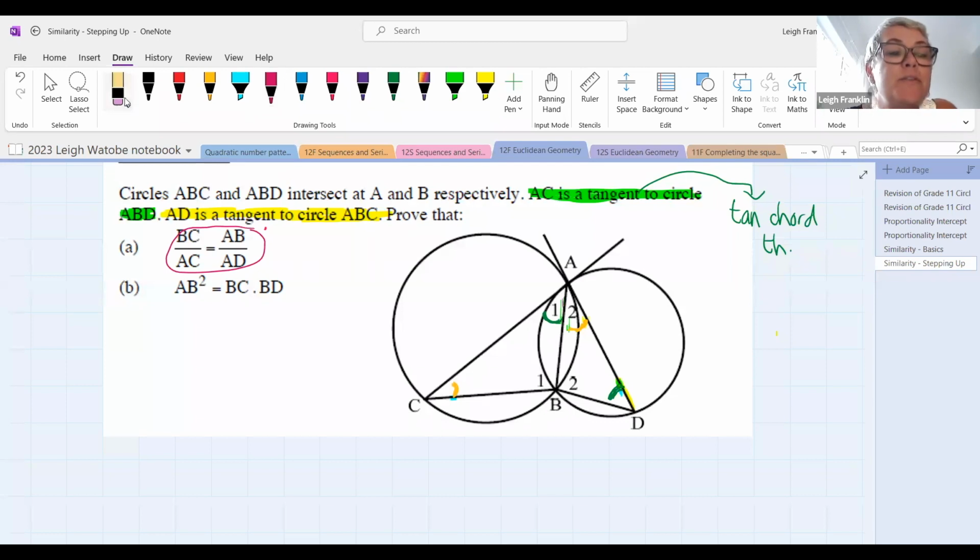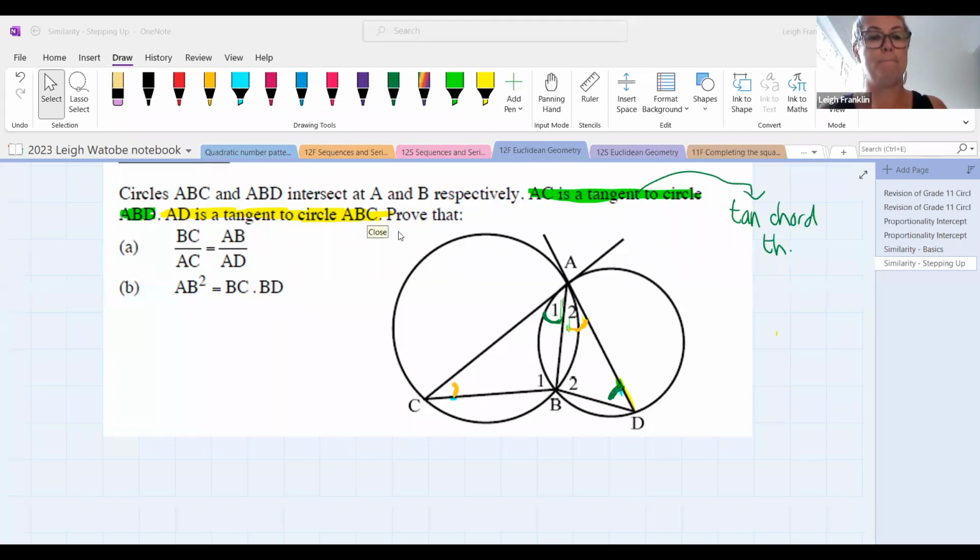What didn't they ask us to do first? Normally, when they ask us to prove proportions, we've done something else first. What is it that we haven't done here? Can anybody tell me? What haven't they asked us to do yet? Ma'am, they haven't asked us to prove the triangle similar.